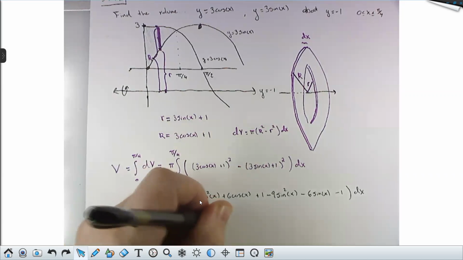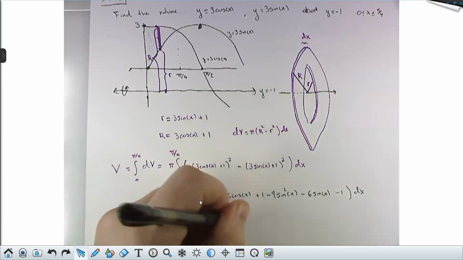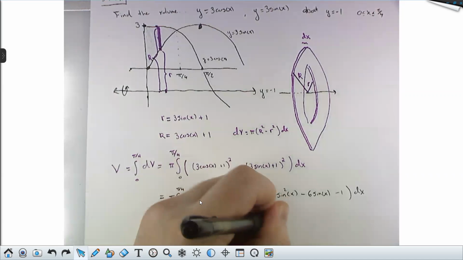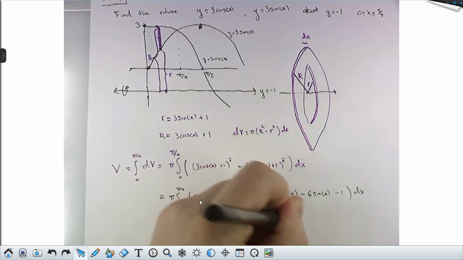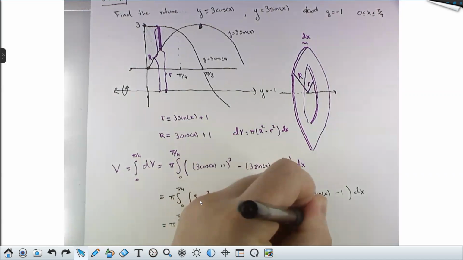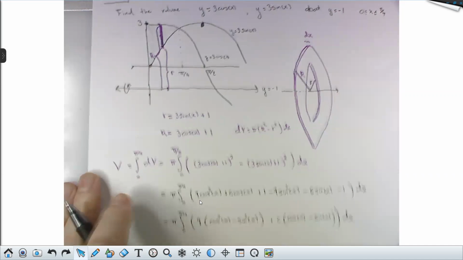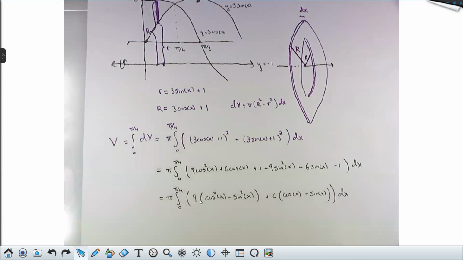This is an opportunity to use an identity we don't use a lot. So the ones cancel, and I put the cos squareds and sine squareds together, and the coses and sines together.